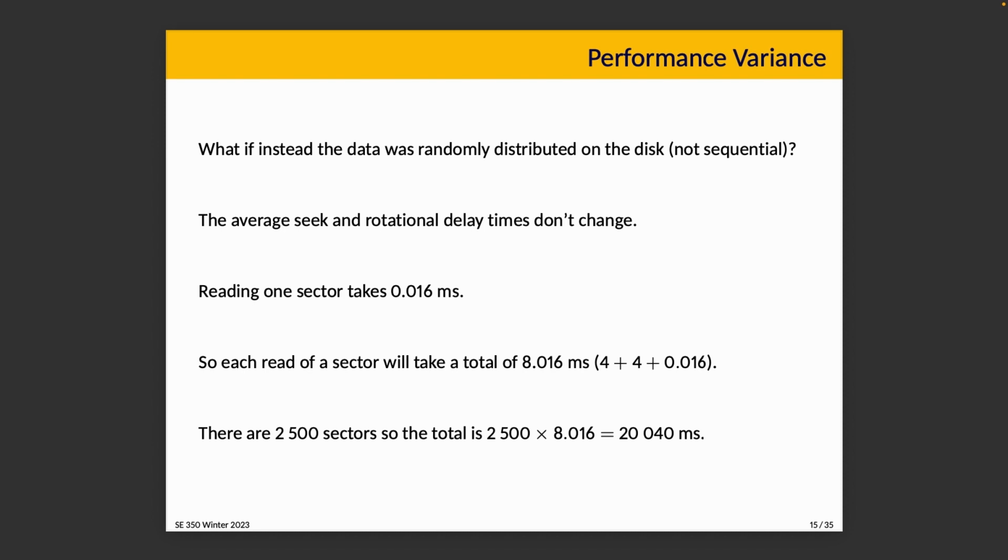So each read of a sector will take 8.016, sorry, there's 2,500 of them. So 4 plus 4 plus 0.016. So if there are 2,500 sectors times 8.016 milliseconds to read one random sector somewhere on disk, we end up with a total time of 20,040 milliseconds, or 20 full seconds, as we would say in human time.